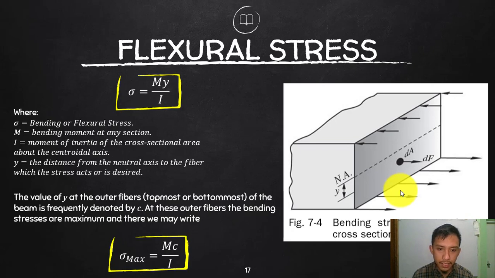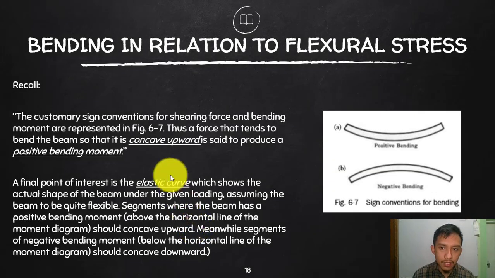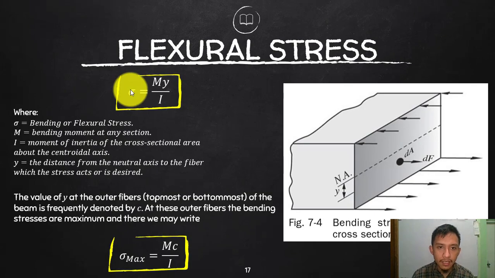That is the value of your C. But of course, later on, if you end up with another type of cross section, let's say triangular, circular, trapezoidal, or I shape, then the C will be different. It depends. So for simplicity, for any section, that C is the distance from the centroid or from the neutral axis to the outermost part, which is under tension or compression. So that is now the relationship of your stress and the internal moment within your cross section.